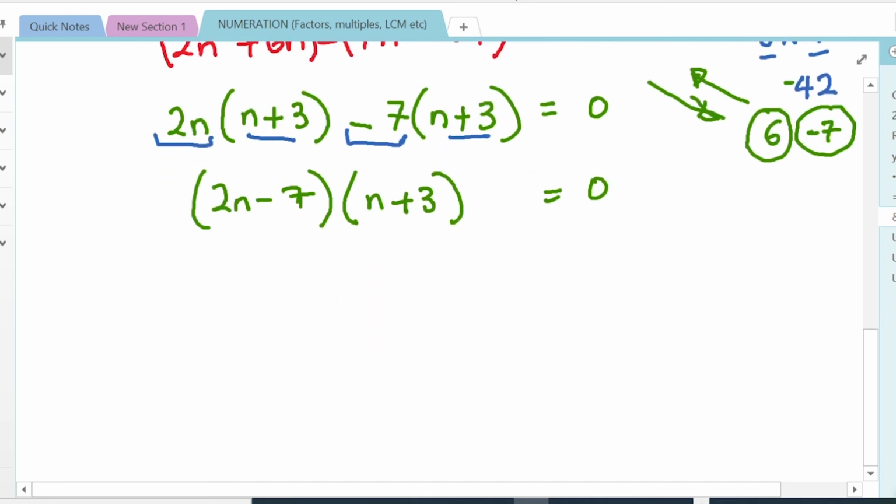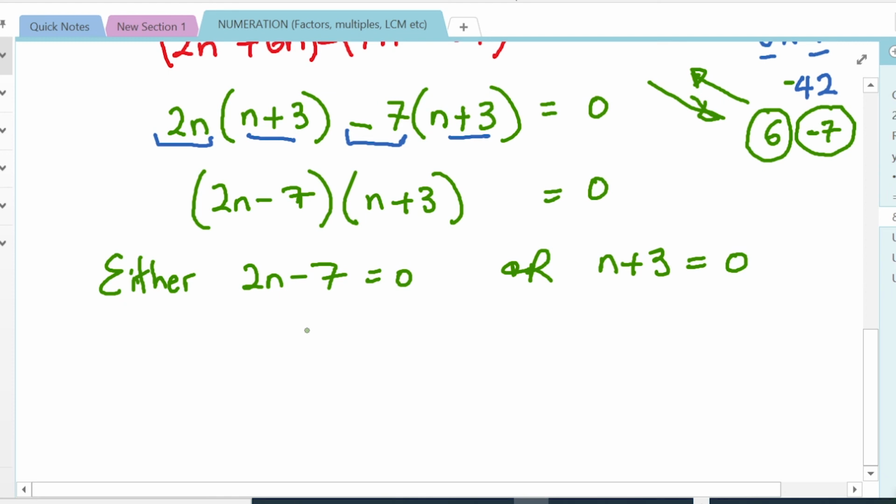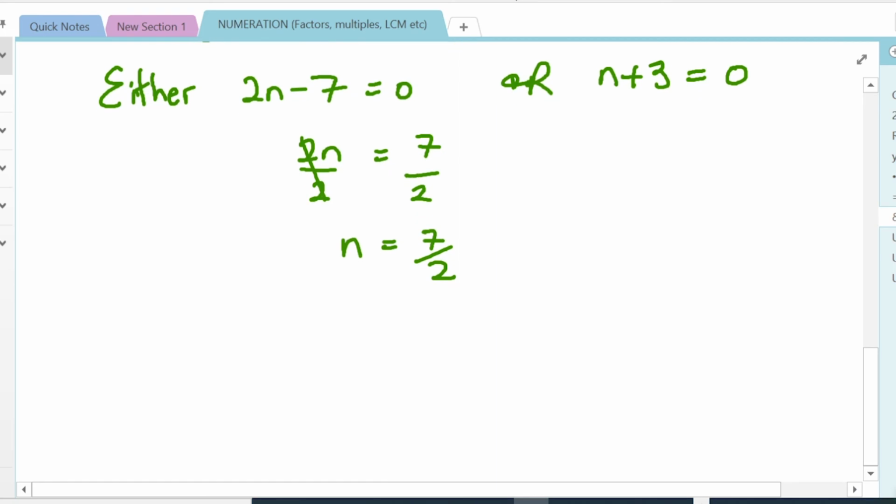From there, we can simply say either 2n minus 7 is equal to 0 or n plus 3 is equal to 0. So we end up with 2n equals 7, divided by 2, n is equal to 7 over 2, or n is equal to negative 3.